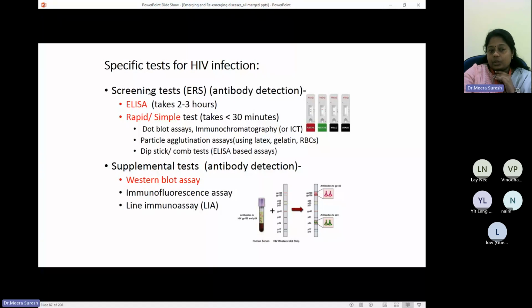The specific tests: we have the screening test, especially the ELISA test, and the rapid or simple test. This has been a newly introduced test, a rapid or simple test which can be used in a population or a large number of people. So it is one of the important screening tests for AIDS. Then we have the most important confirmatory test, the Western blot test.